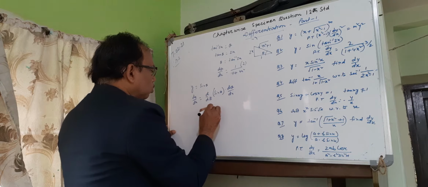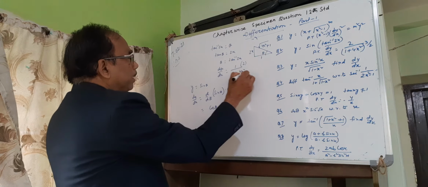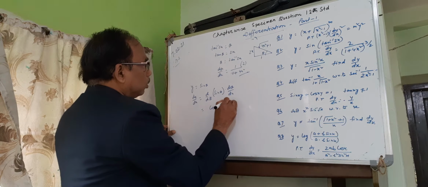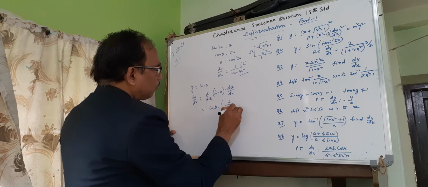The derivative of sine theta is cos theta, and d theta by dx value is 2 by 1 plus 4x square.